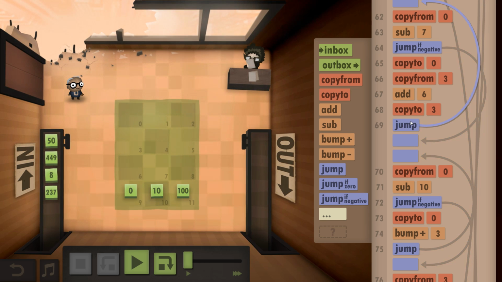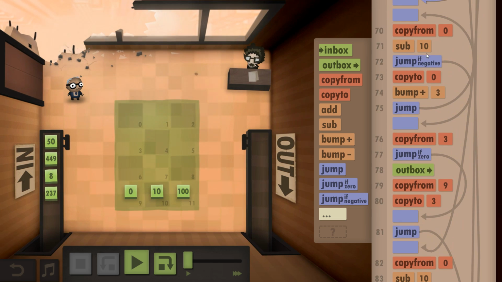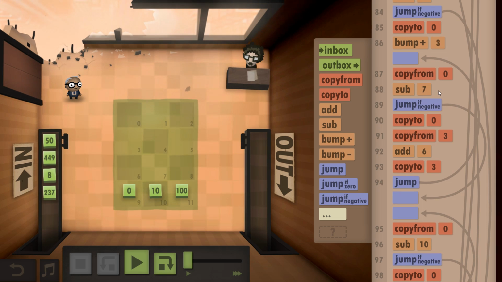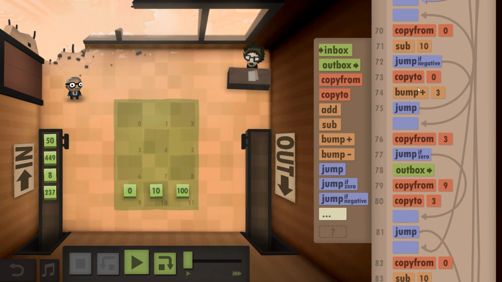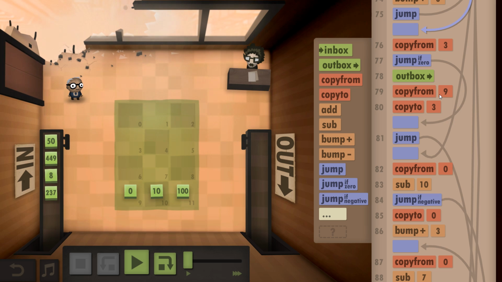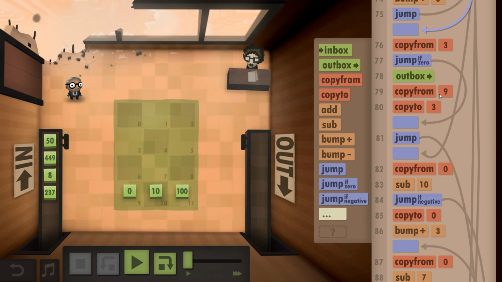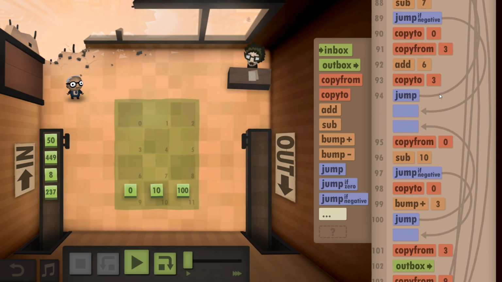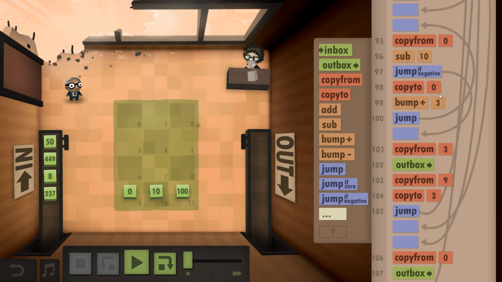Jump back up, do that until it's negative, then do 01003. 01003, yeah. And if that is negative, copy from 3. Outbox.